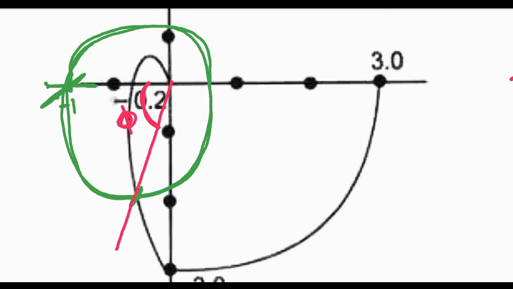If we decrease the phi angle to 0, this will go clockwise. If we decrease this angle phi to 0, what will happen? This plot will cross -1, and this angle will be 0.